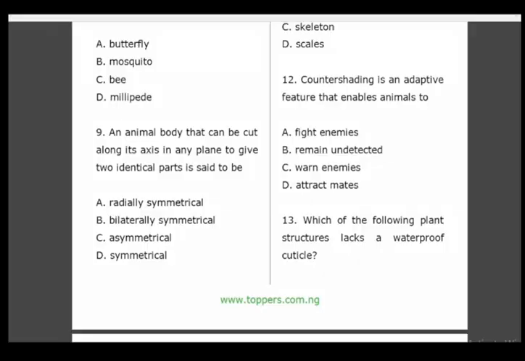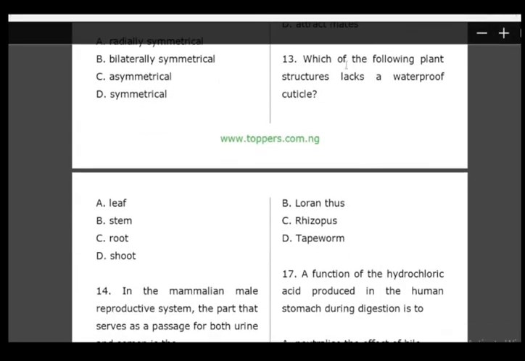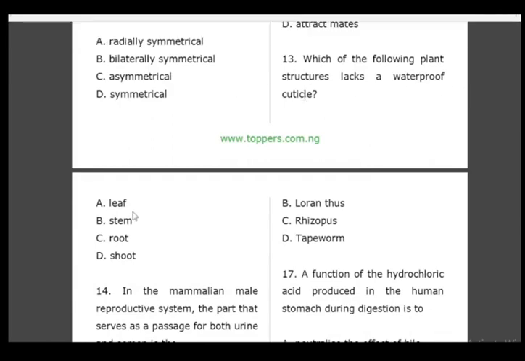So we move to question 13 now. Question 13 says, which of the following plant structures lack a waterproof cuticle? Option A, leaf. Option B, stem. Option C, roots. And option D, shoot. So every other one has a waterproof cuticle, preventing water from gaining entrance into the body of the organism.